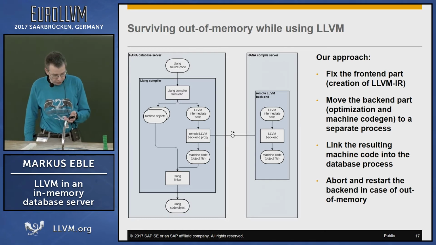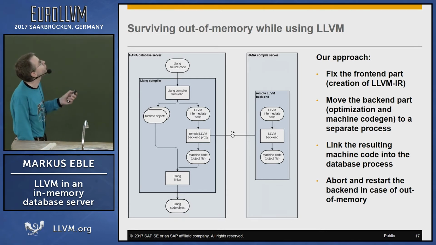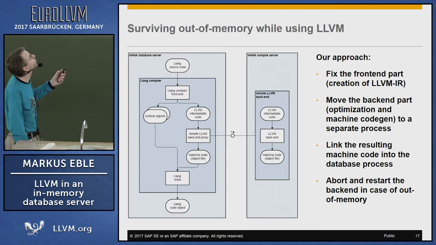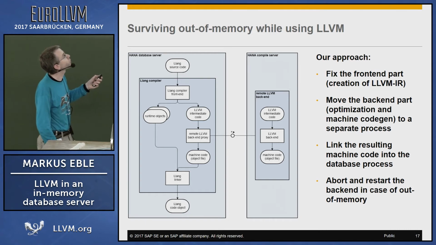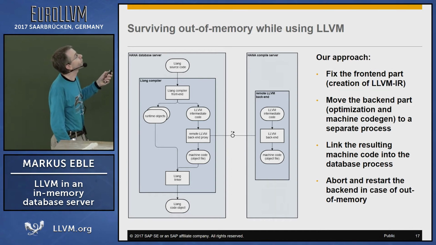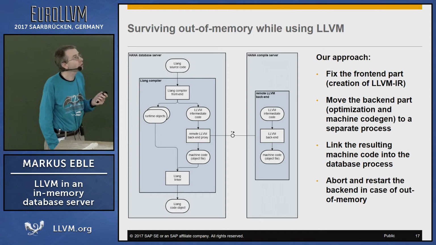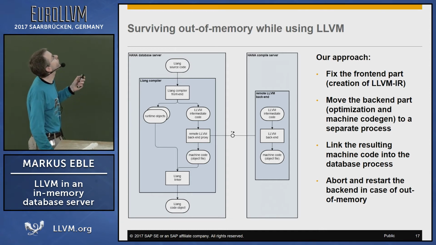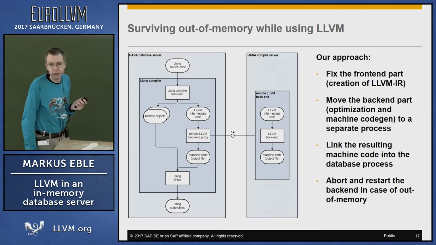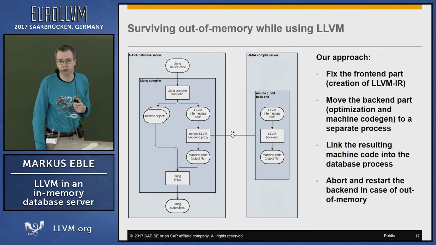So there we decided for the backend operation to use a separate process. On the front-end side, we create the LLVM intermediate representation, serialize it, send it to the separate process, optimize it there, generate the machine code there, send the executable code back, and then link it with everything in the database process we need there additionally for the runtime.